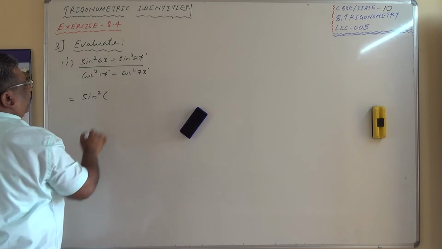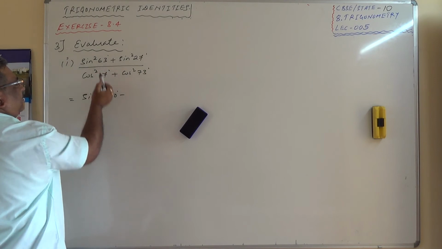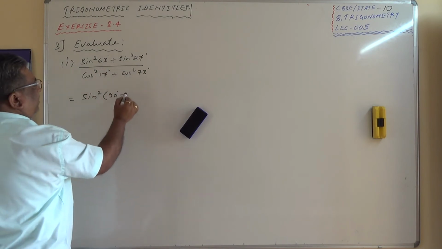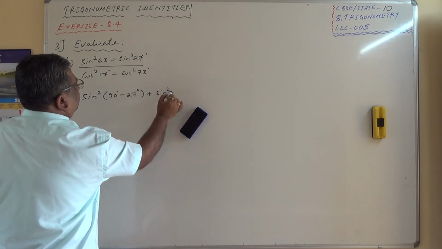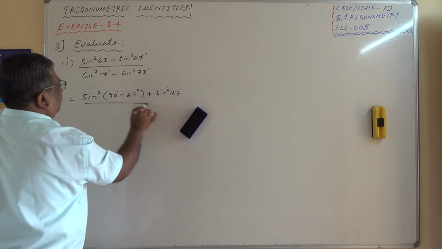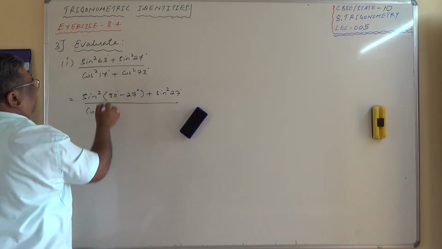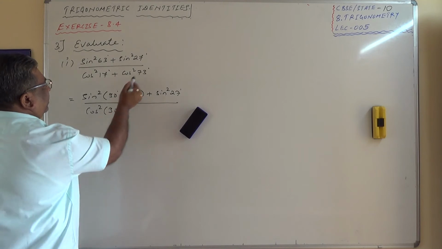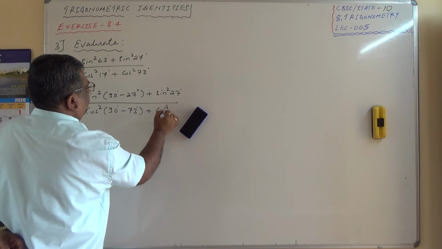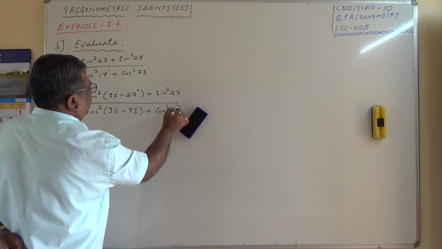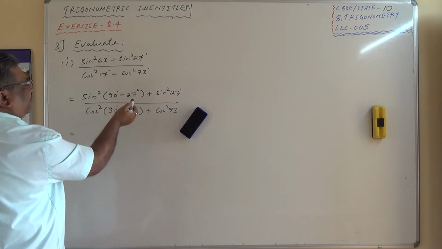sin square of (90 degrees minus 63 degrees) equals 90 degrees minus 27 degrees plus sin square 27 degrees; cos square 17 degrees is equal to 90 minus 73 degrees plus cos square 73 degrees. Sin 90 minus theta is cos theta.